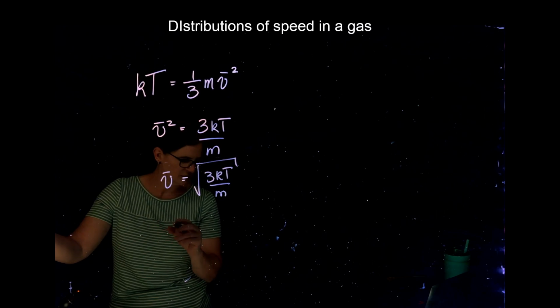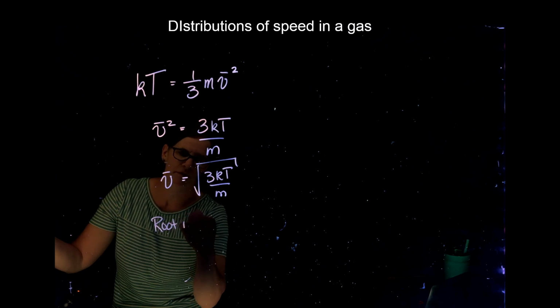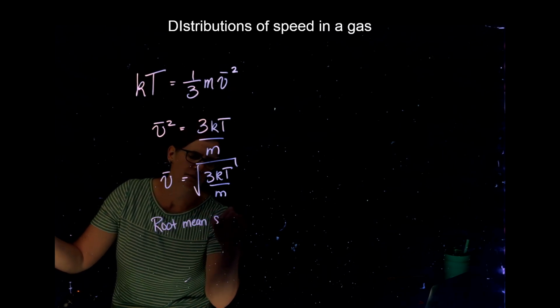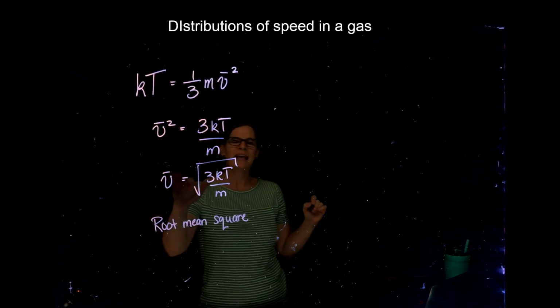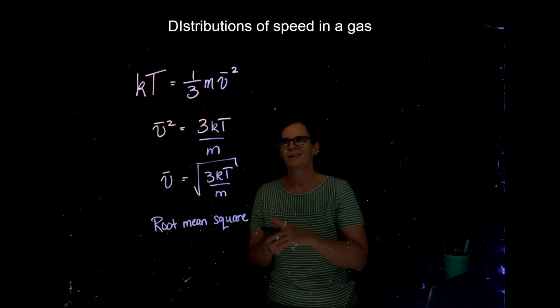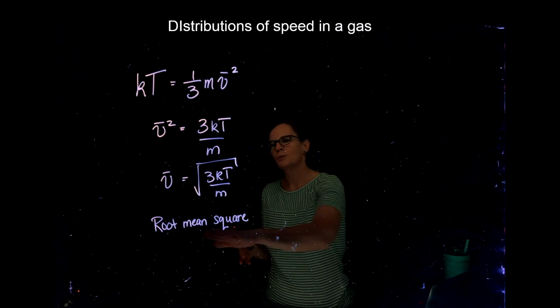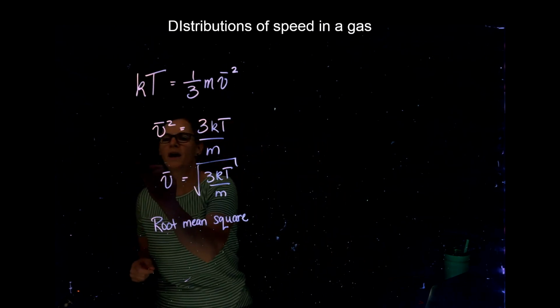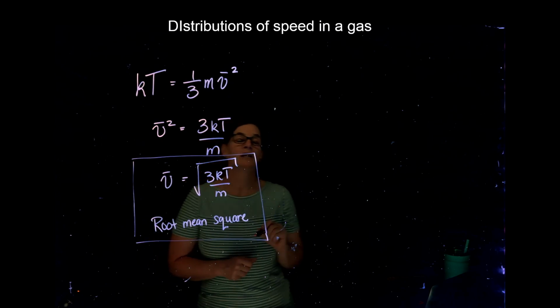This is what is known as the root mean square. Okay? It's the average speed taken as a result of doing that whole manipulation with the average square of the average, right? So we call that the root mean square. So that's one representation of speeds distributed in a gas.